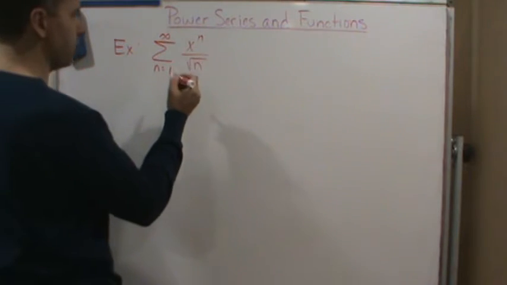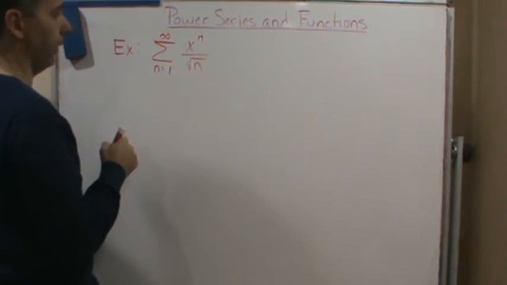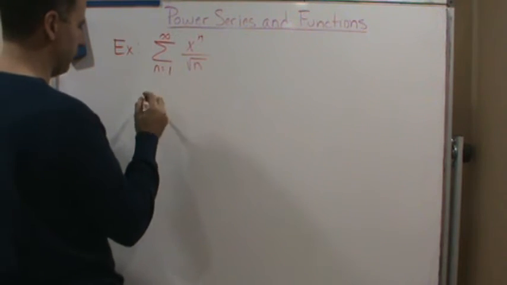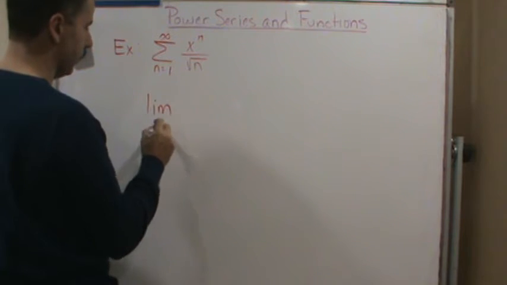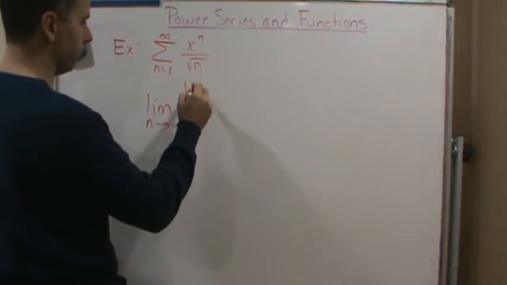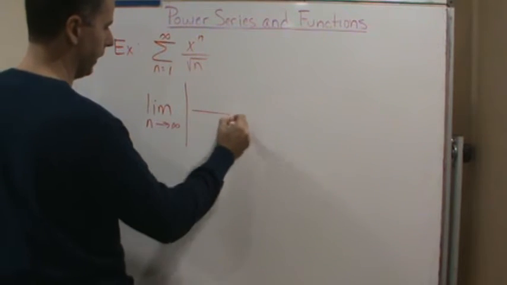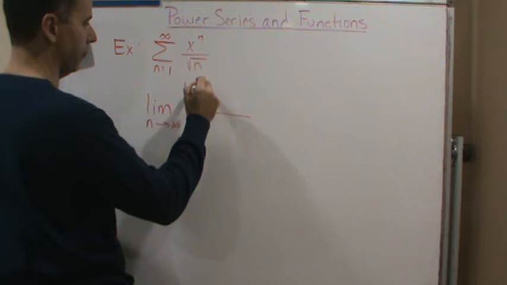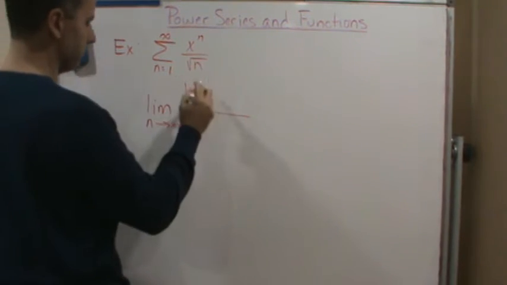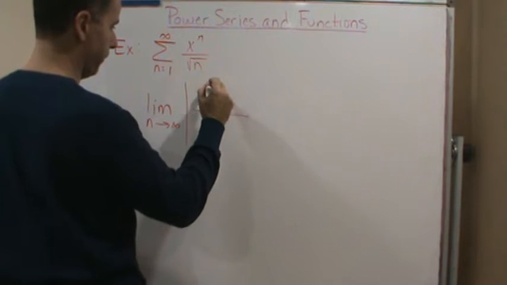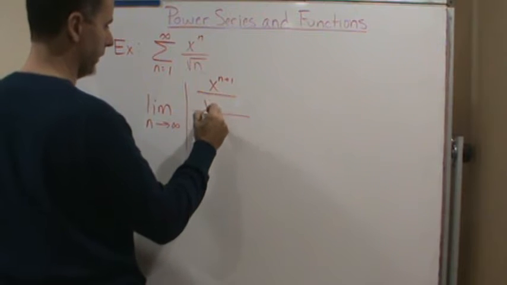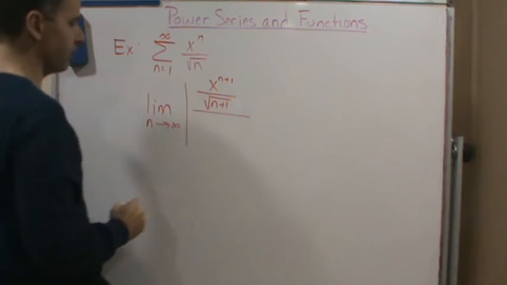Okay, so using the ratio test, again, for all values of x, so I'm going to use the absolute value just like before. So the limit as n approaches infinity of the absolute value of, so on the top we're going to have x to the n plus 1 over the square root of n plus 1.